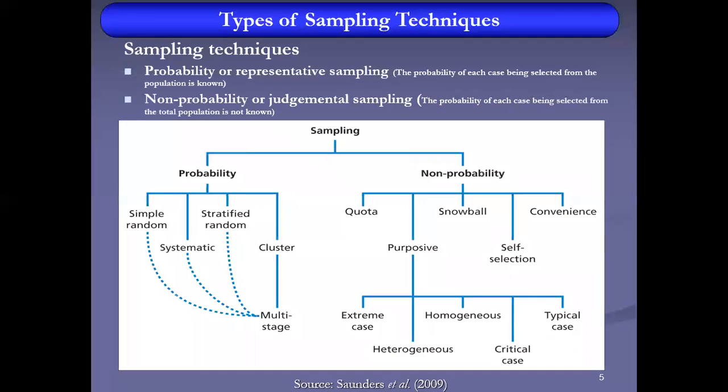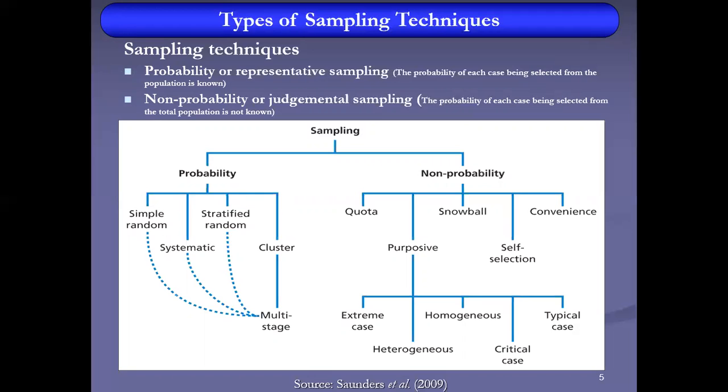If you have a known population, for example, in a university or an organization, we have a population of 2,000 people and we know the respondents. We have their contact numbers, the list of respondents, their designations, their email addresses, for example. So we can select probability sampling because the population is known.